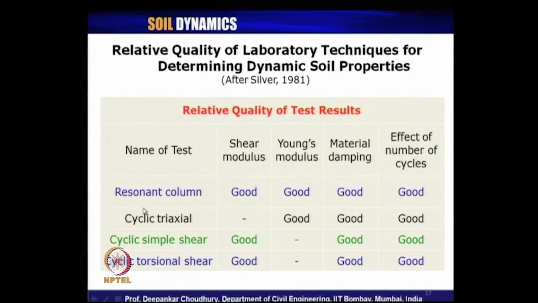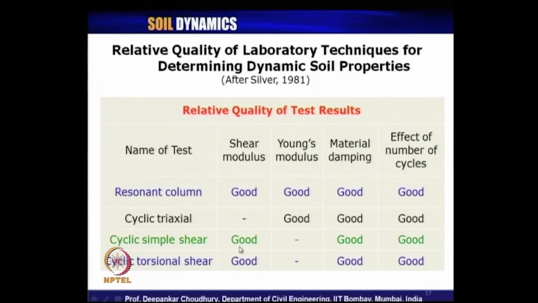In the cyclic triaxial test, shear modulus is not measured directly; we get it through the Young's modulus value. The material damping is well represented, and the effect of number of cycles is also good.